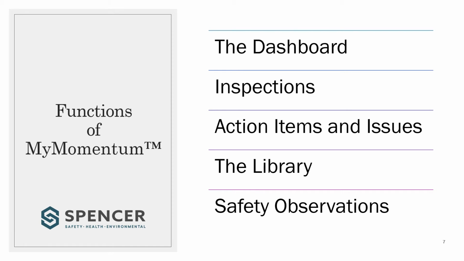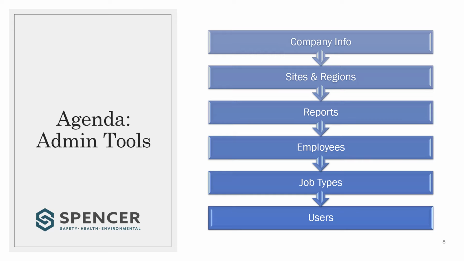So in the part two webinar, we discussed the functions of MyMomentum, and this included the dashboard, inspections, action items and issues, the library, and safety observations. And these functions are available to any user, whether you're an admin or not. So this week, we'll discuss the admin tools.